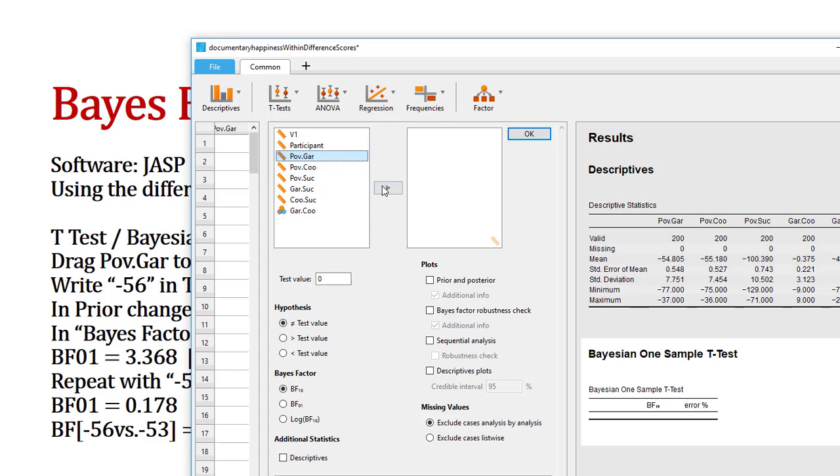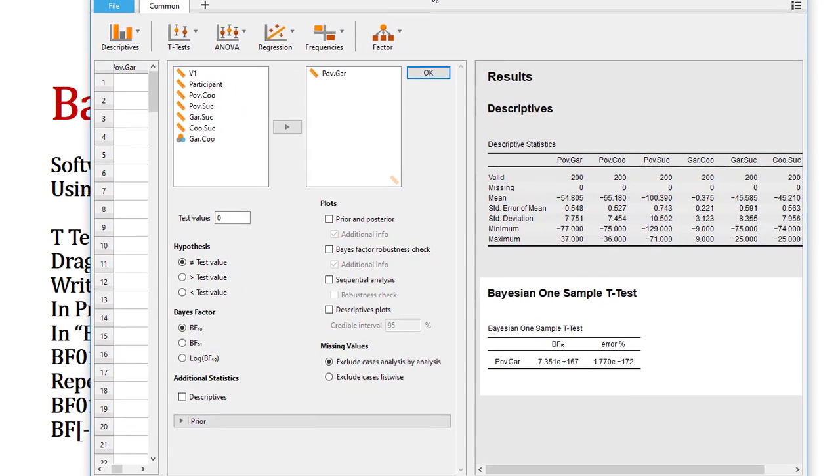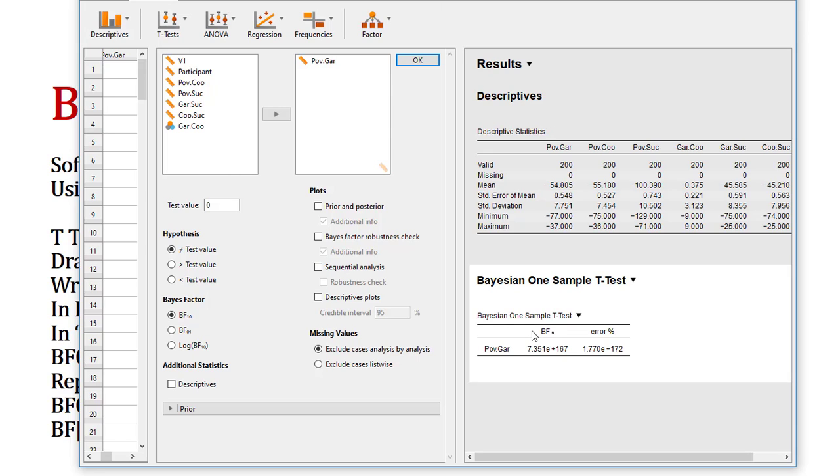So we select and we put poverty and gardening there, and here I calculated a Bayes factor, but this Bayes factor is against the value 0. So obviously the value is minus 54, the mean of this variable, so very far from 0. So you've got a very huge Bayes factor.